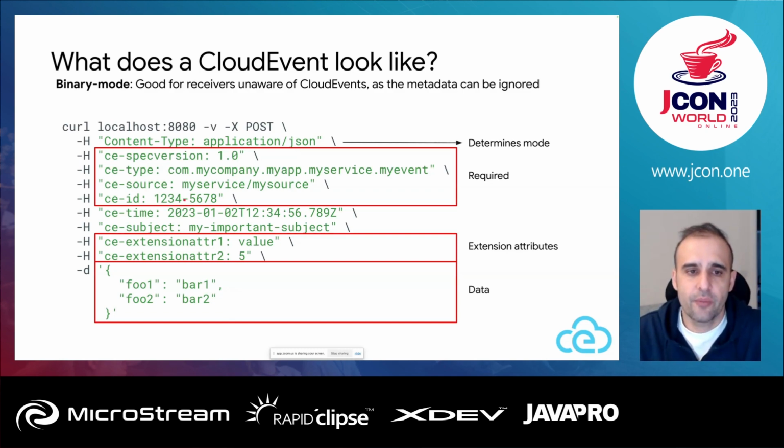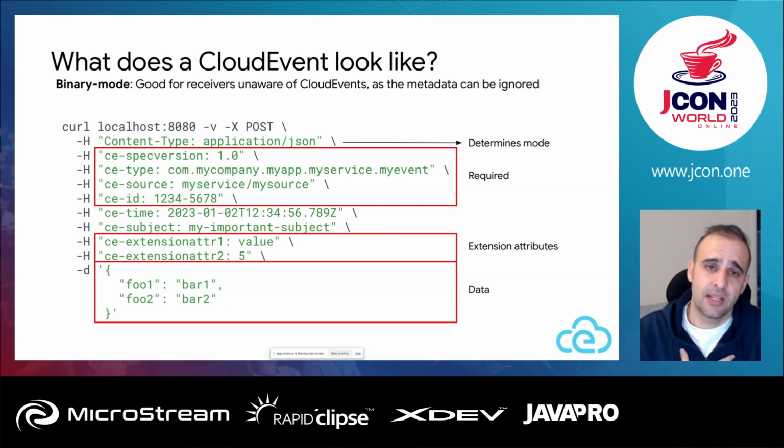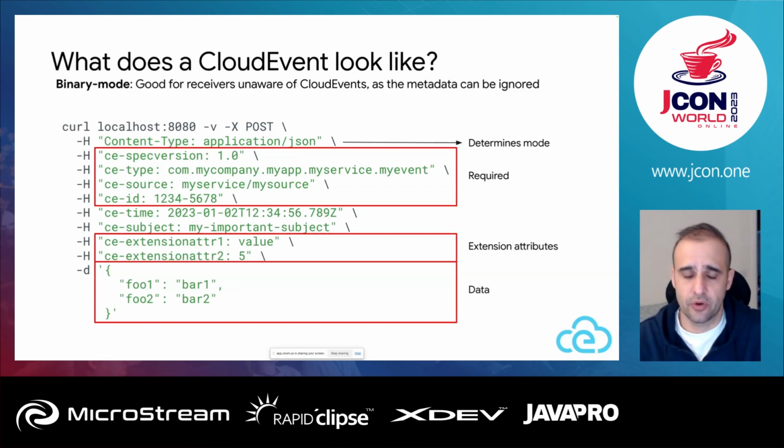So this is the binary mode of CloudEvent, where the CloudEvent is basically in the headers. And this is good for receivers who might not understand CloudEvents. If you're a receiver and you don't know how to read CloudEvents, it's usually okay, because in binary mode the CloudEvent information is in the headers, and you can just ignore them. You don't have to read all the headers, right? So that's what binary mode is good for.